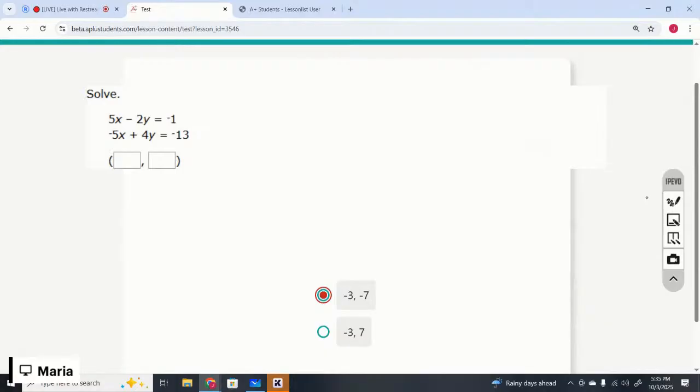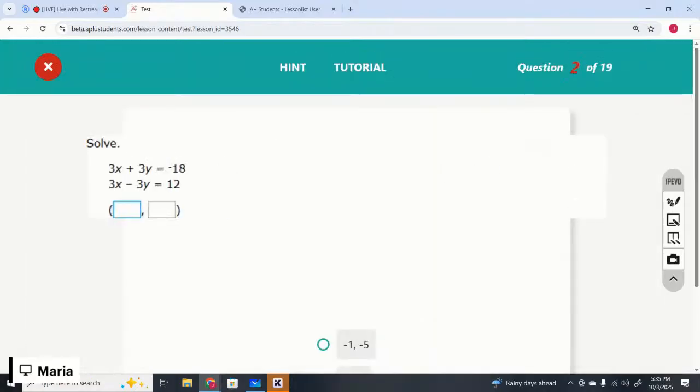Option number 1 is the correct option, negative 3 and negative 7.